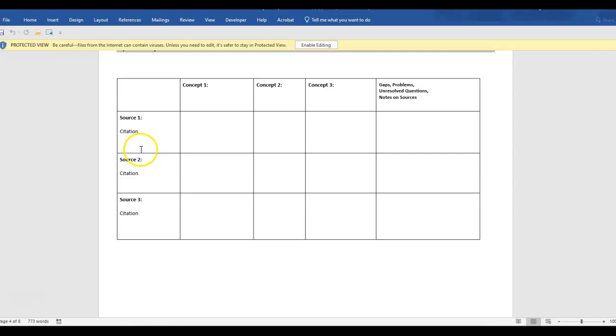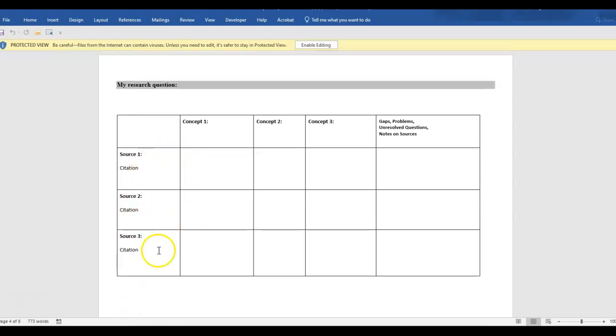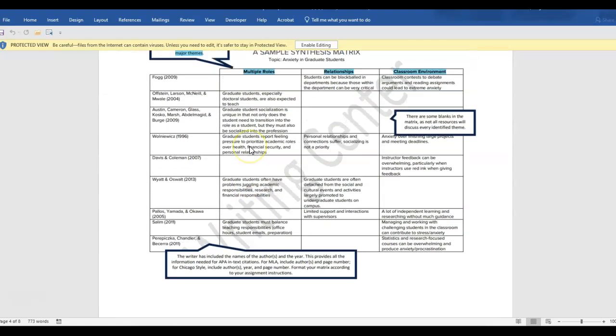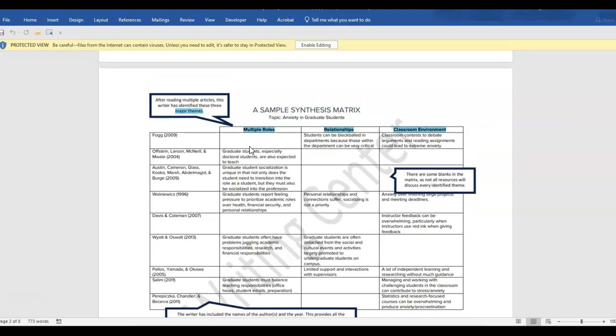You're going to put your authors down this side, and then as you read through each article, or as you've read through and started summarizing, you're going to ask yourself what the major themes of the article are. Usually you can find those themes in the findings section, the discussion section, or the conclusion section of your article.